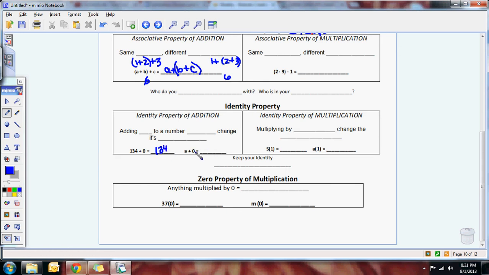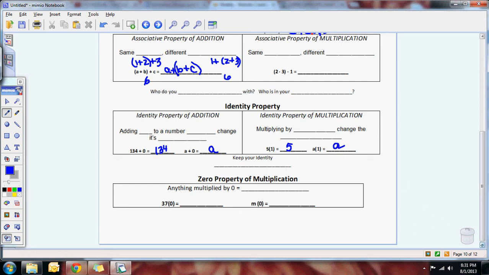So A plus 0 is A, 100 plus 0 is 100, so it keeps all the identity the same when you add anything to 0. Okay? It's different for multiplication because we'd have to multiply something by 1 to keep the identity the same, not by 0. Okay, a little different for multiplication.